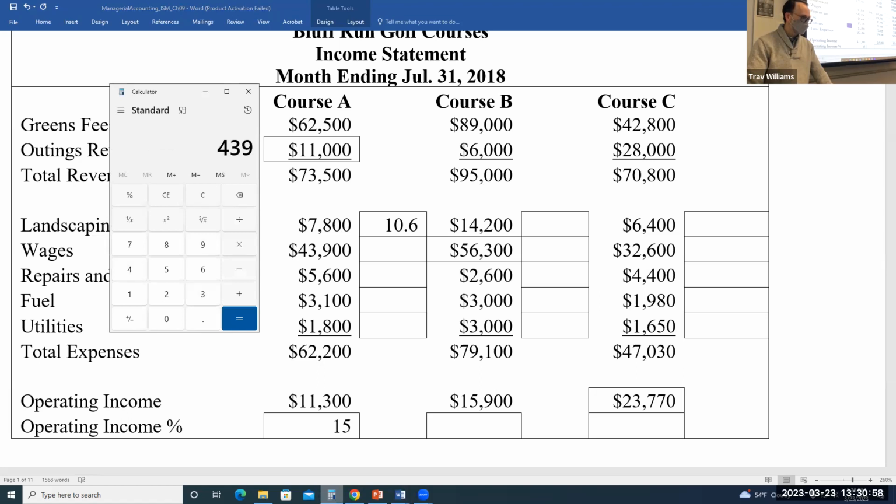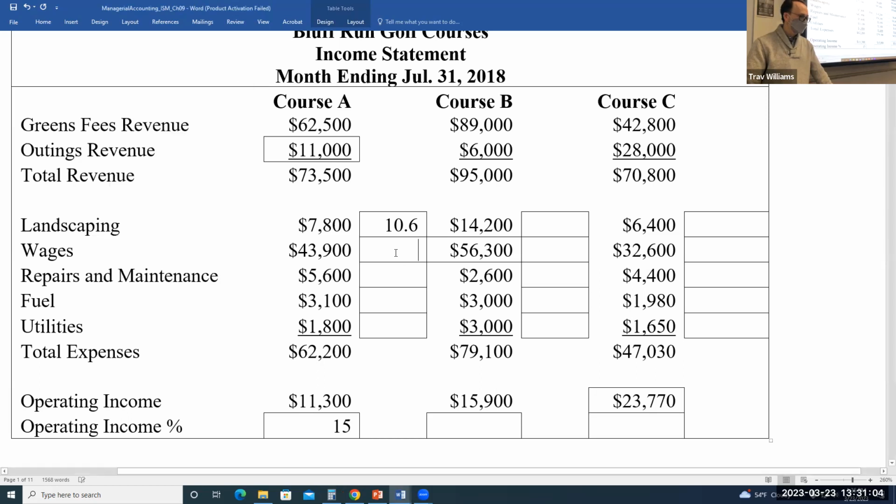Let's keep going. I'm going to go through these quickly. It's just a matter of doing the calculations. Let me know if I get anything wrong here.